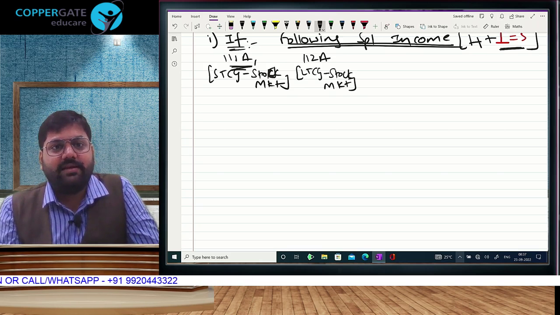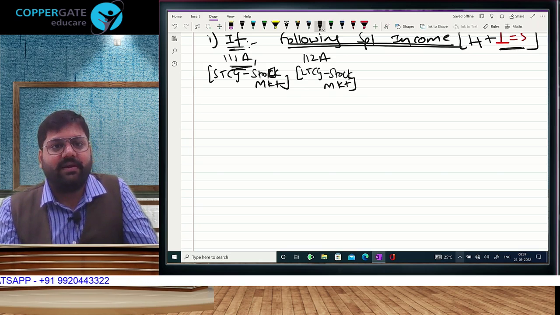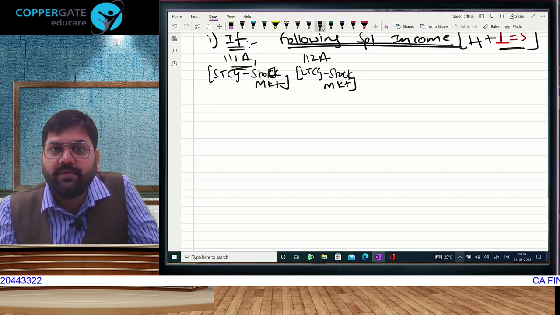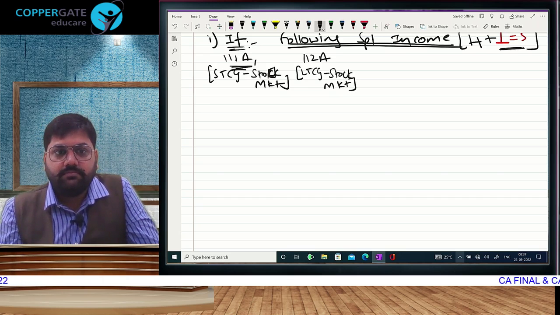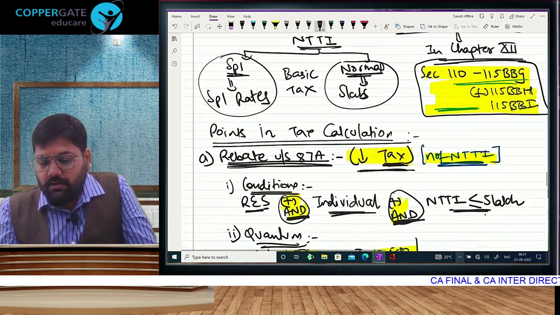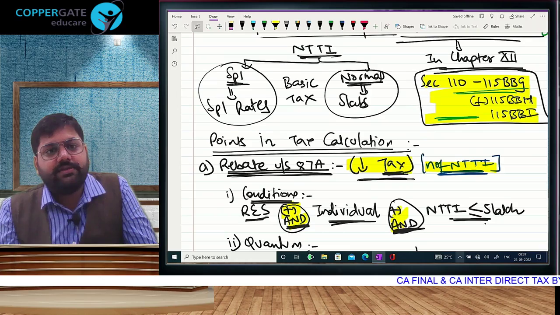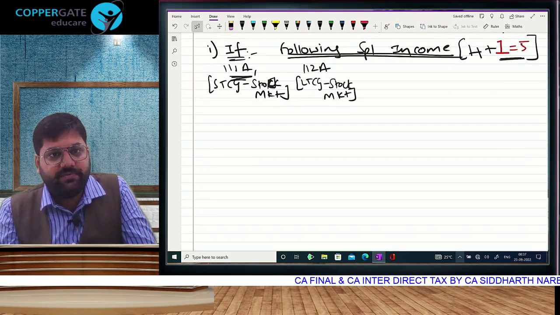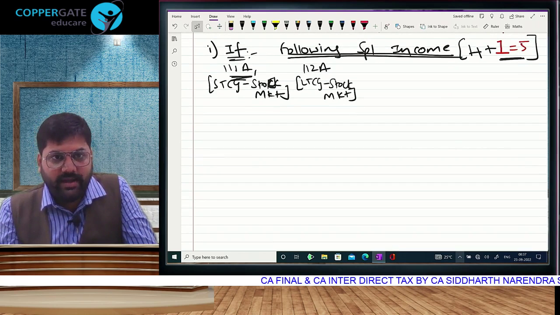If your gain is 10 lakh, pay only on 9 lakh. 10% on excess over 1 lakh. Stock market capital gains. Is this also a part of chapter 12? This is the chapter 12 range, 110 to 115BBI. Is this also a part of chapter 12? Yes.